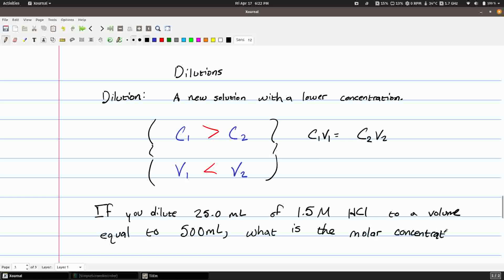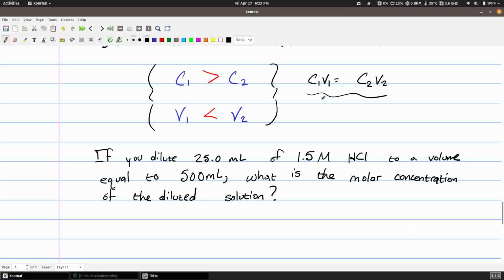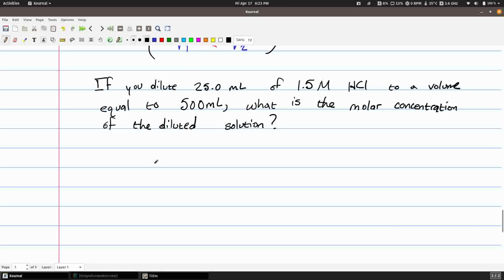I want you to take a second and think about how to solve this while I finish writing. So here we go. How would you set this up? Simple. Use the formula I gave you. That's why I gave it to you.